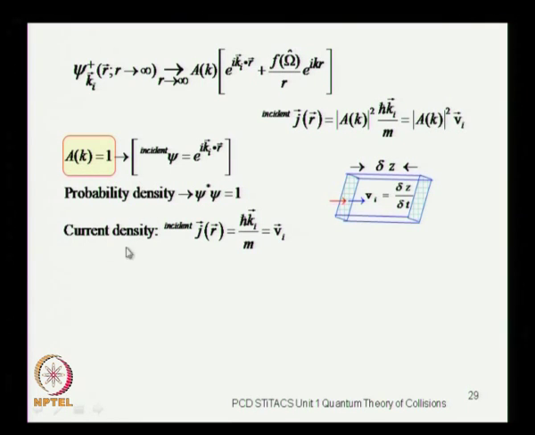Let us consider the current density, which is h cross k over m, which is just the velocity itself.